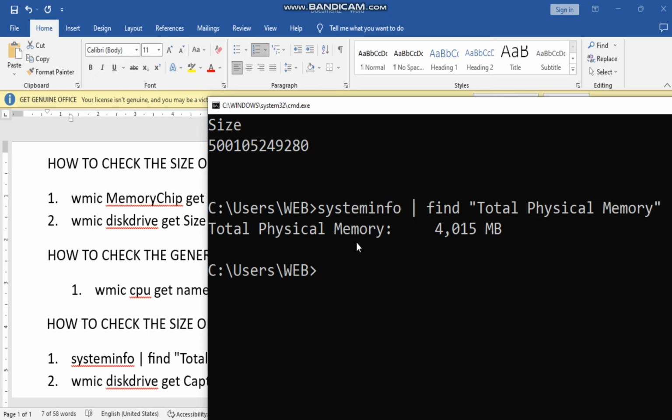Our total physical memory has a total of 4015 MB. If you divide this by 1024, it means we have 4 GB of RAM. So this one is a more accurate answer to what we are asking.